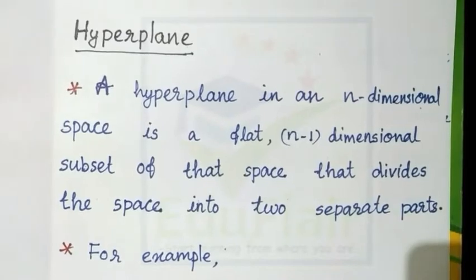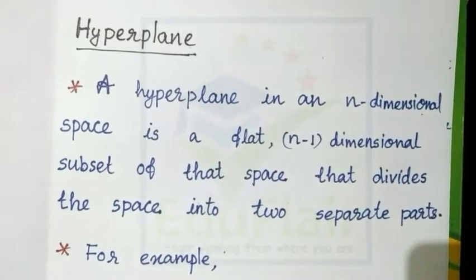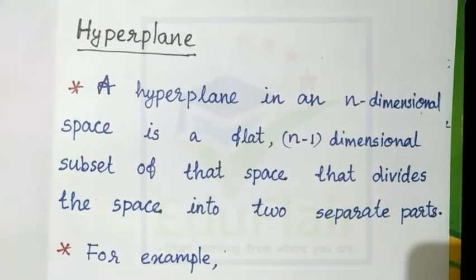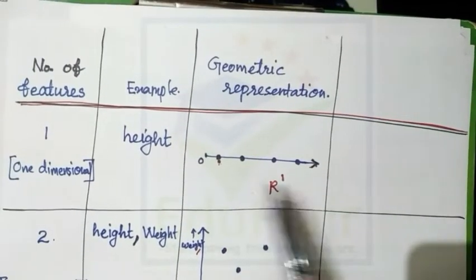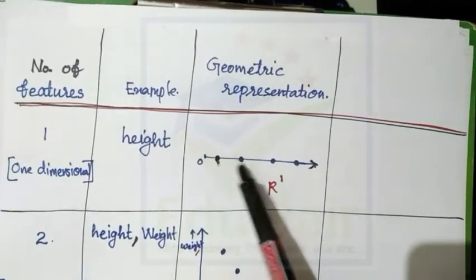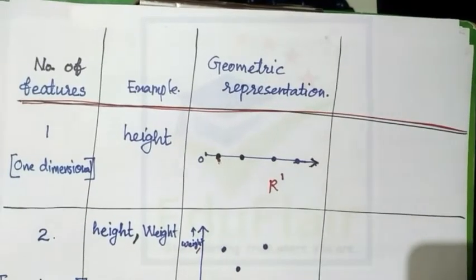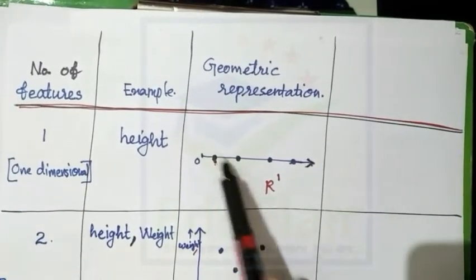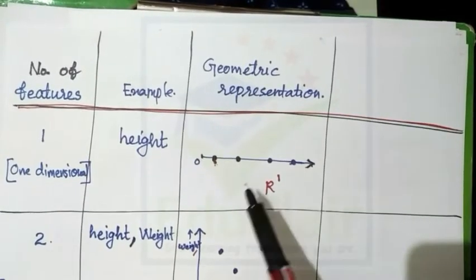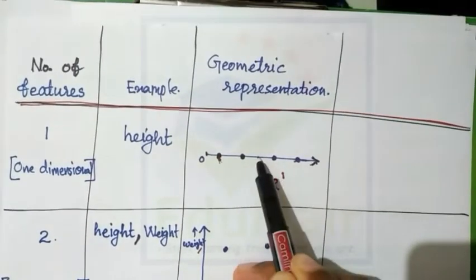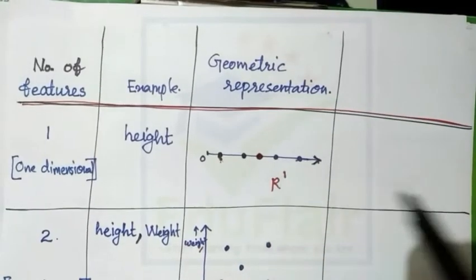Now for example, let's look at the data space we discussed earlier. If we take 1 dimensional data, here there are some data points, this one, 4 data points. Suppose we need to divide these data points into two separate parts. How we can separate? Suppose I can use a point.